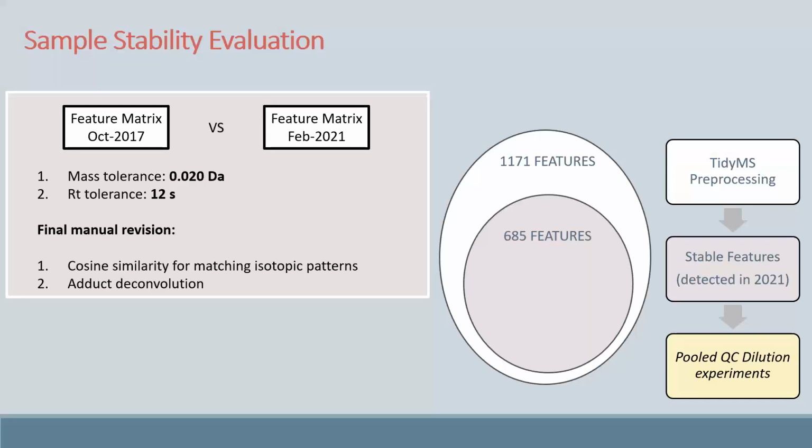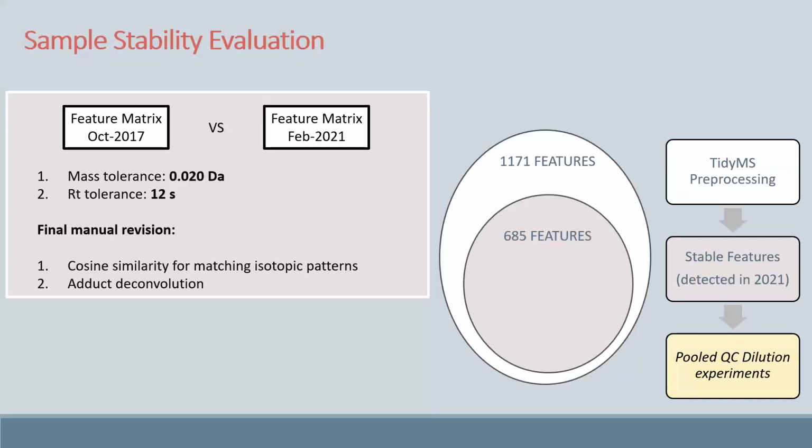We did this search considering a retention time tolerance and an exact mass tolerance, and we also employed cosine similarity in the case of isotopic pattern matching, and added the convolution information when doing the final manual revision of the feature matching process between both matrices. It's important to mention that almost 60% of features could be detected again in this experiment.